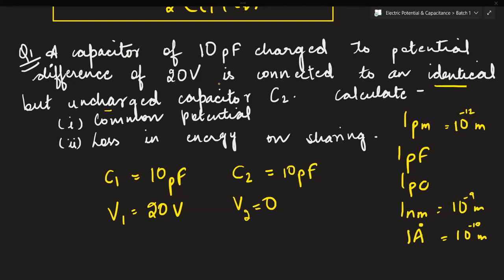Only Abia has answered. Abia, just check your calculation once again. I think very slight error you must have done in your calculation. Others also respond. What's the answer for the first part? Common potential, everything I have written it. C1, V1, C2, V2, all these values I have written it. You just have to put in the main formula.